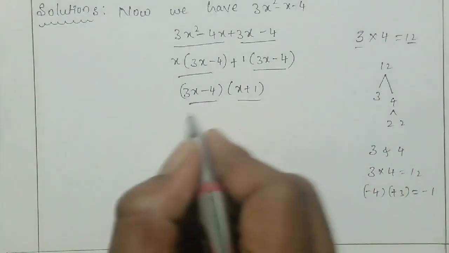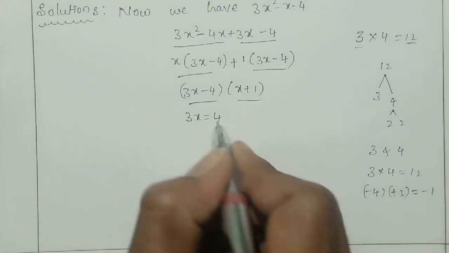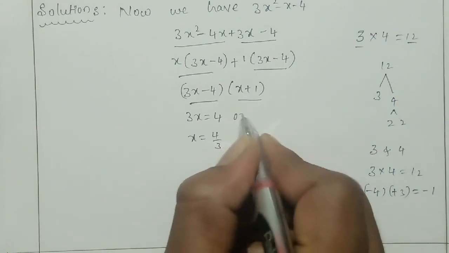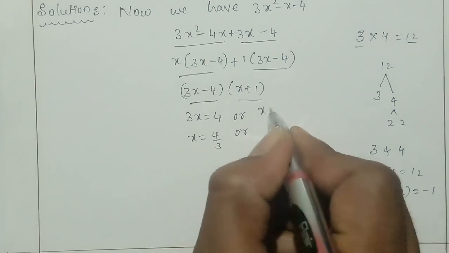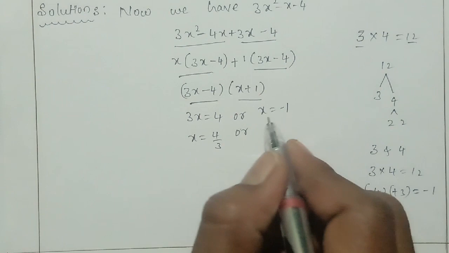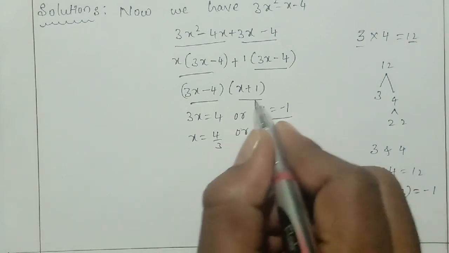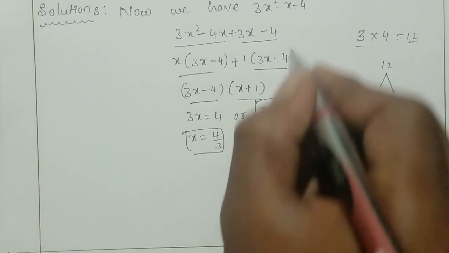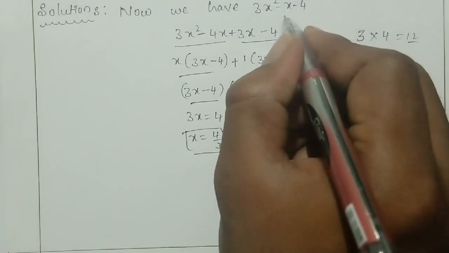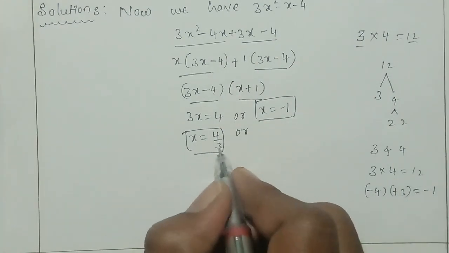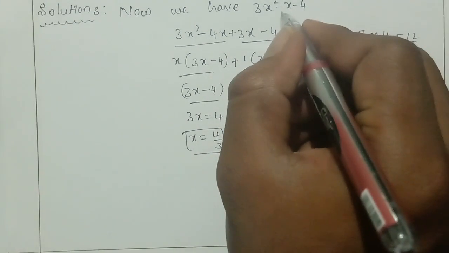So 3x equals 4 gives x equals 4 by 3, and one more x value is minus 1, because x plus 1 equals 0 gives x equals minus 1. When you substitute x equals minus 1 in this polynomial, you get its value 0. And when you substitute x equals 4 by 3, you also get its value 0.